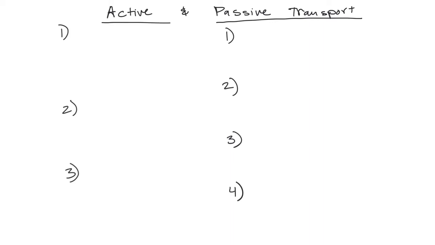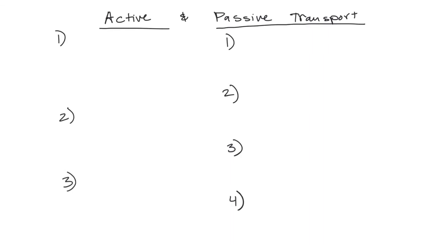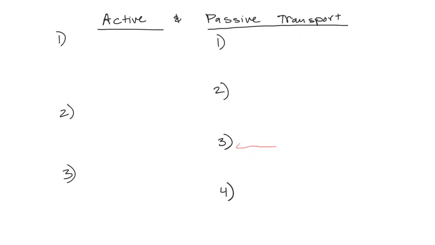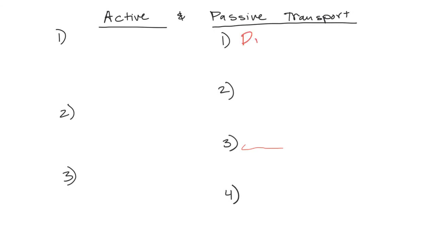Okay, so what are our 4 passive transports? What's the simplest one? The simplest one is diffusion, right? And diffusion of water through a semi-permeable membrane.